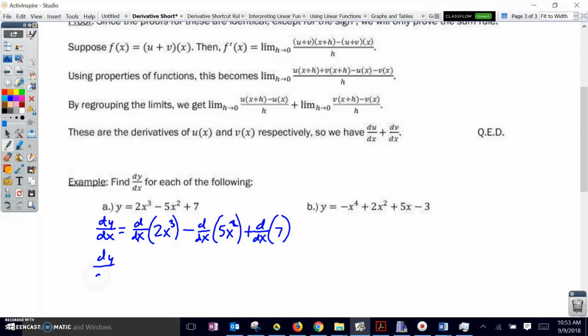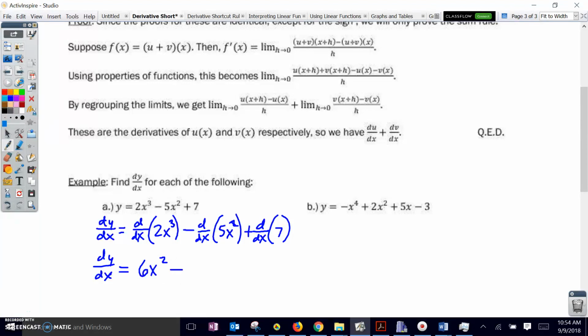I'm not going to write all the detailed derivative notation here. Now that we have the constant multiple rule, this is going to be 2 times the derivative of x cubed. The derivative of x cubed is 3x squared. So that's just going to be 6x squared.